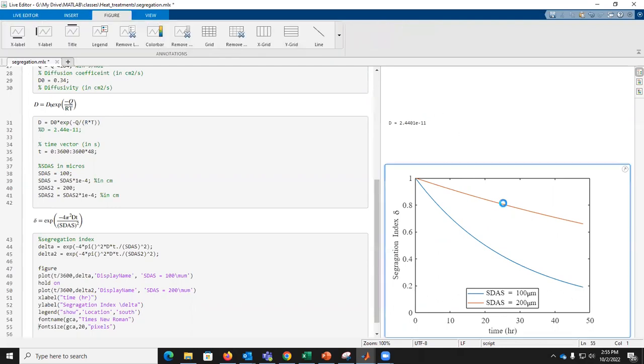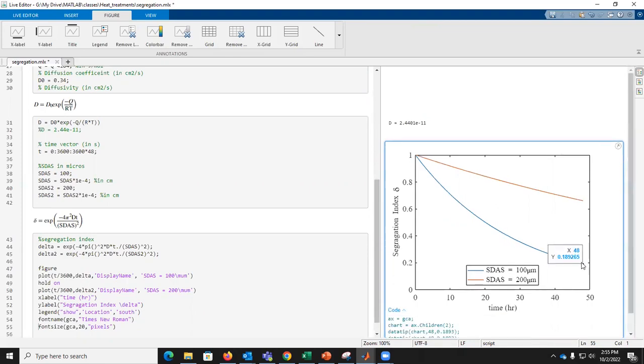I can just go in the plot and select this point, for example, and it's going to tell me that it's around 18.18. So basically, 1 minus that is going to give me around 82% segregation reduction, right?